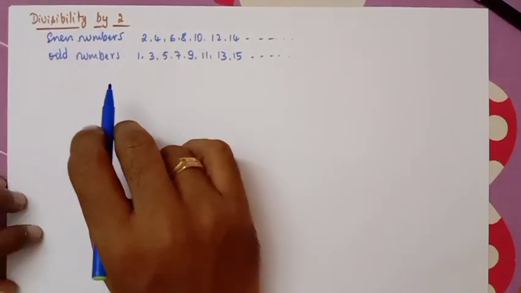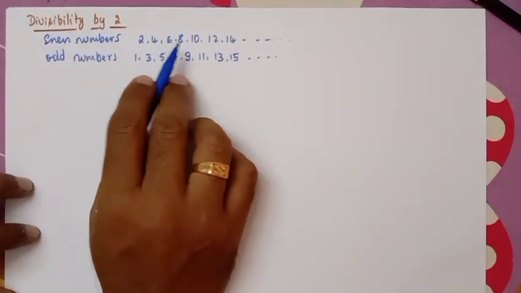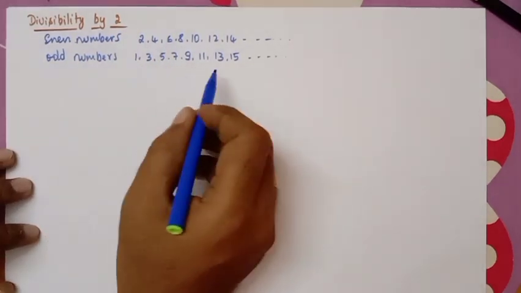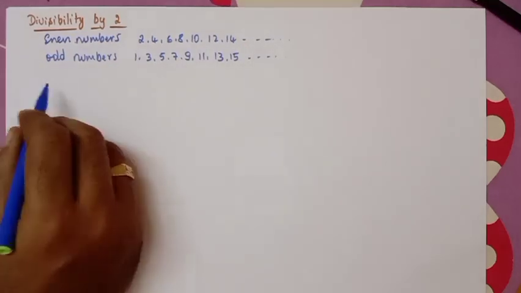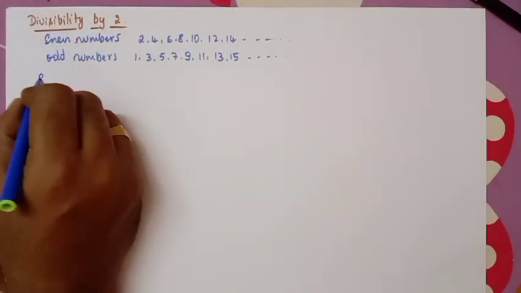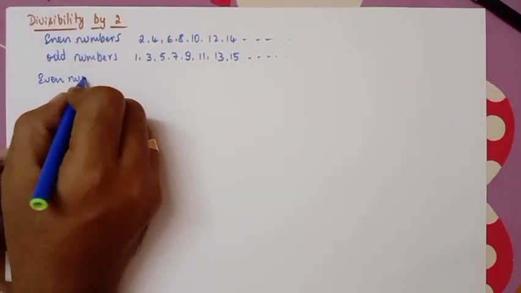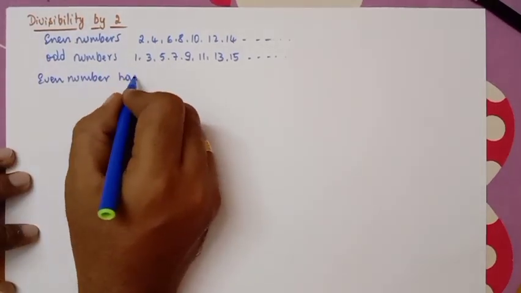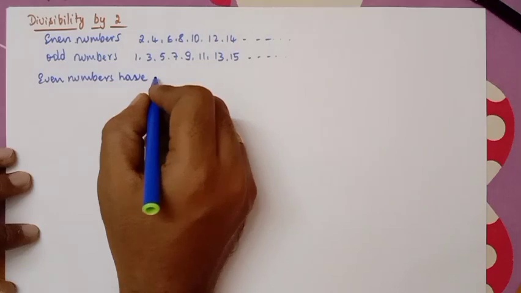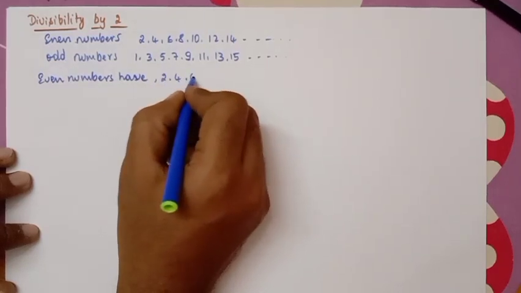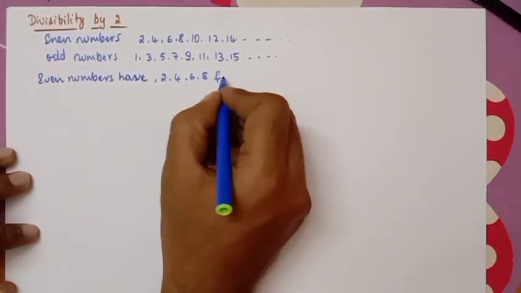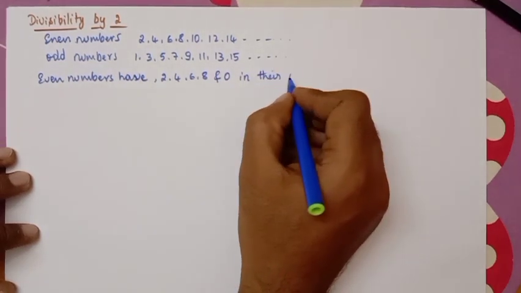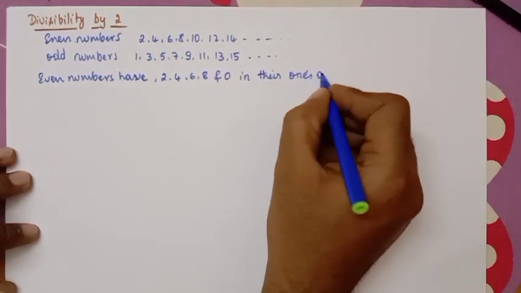You should know the difference between the odd numbers and the even numbers. What are odd numbers and what are even numbers? Even numbers have 2, 4, 6, 8 and 0 in their ones place, in their ones digit.